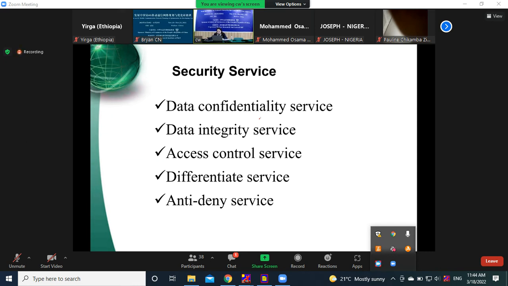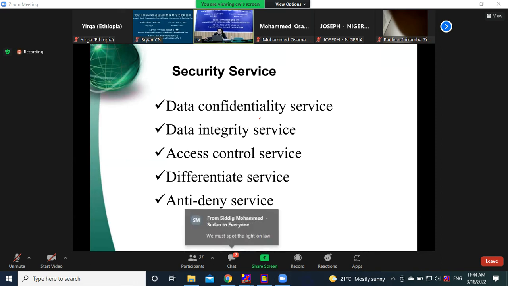Then another is the data integrity service, which is aimed at connection-oriented or LAN-connected situations. And then another service is the access control service. It means that the node level should be enabled. It's very important in this field.